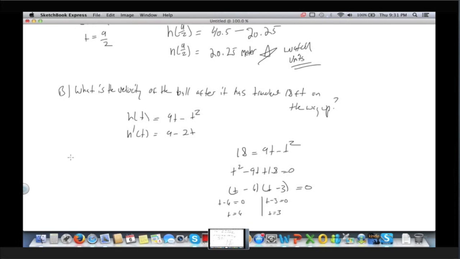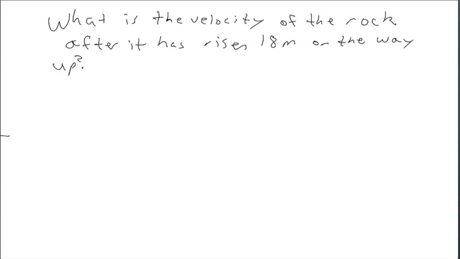I'm going to find both of them. h prime of 6 equals 9 minus 12, negative 3 feet per second. And then h prime of 3 equals 9 minus 6, so 3 feet per second.